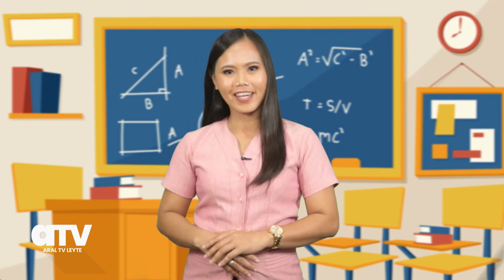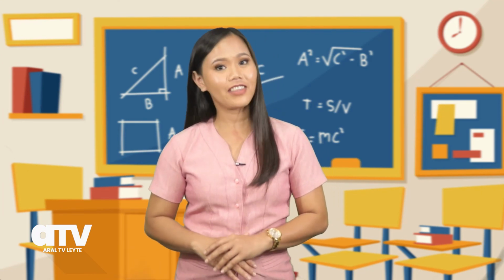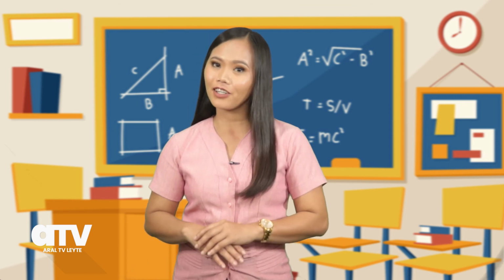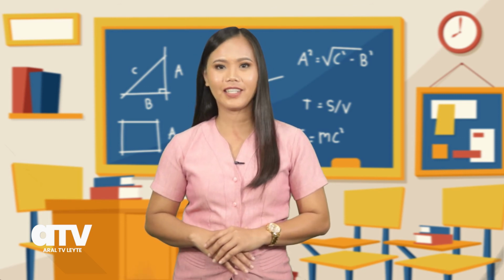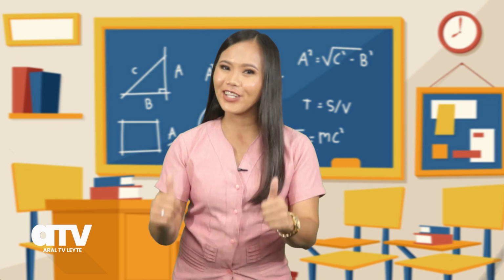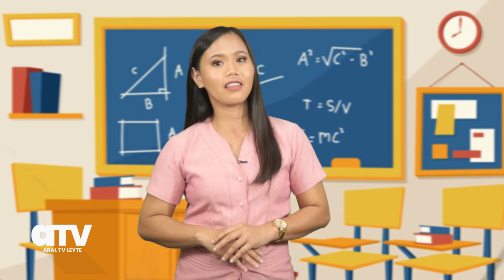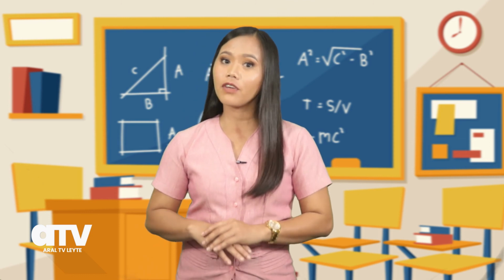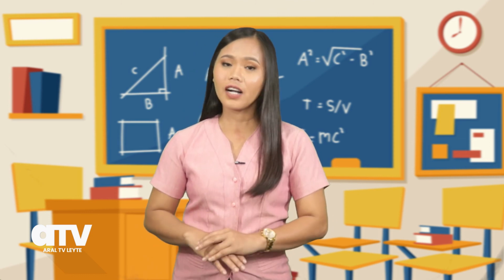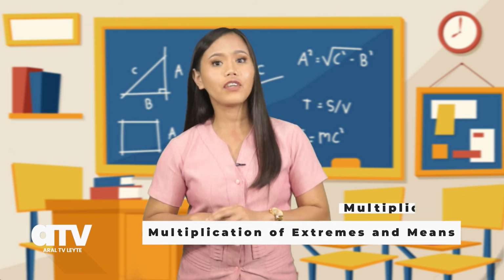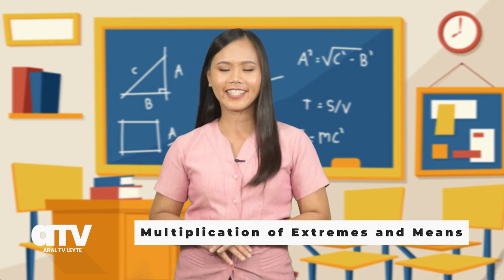Let me ask you again. What are the methods that are commonly used in finding the missing term in a pair of equivalent ratios? Very good! The methods that are commonly used in finding the missing term in a pair of equivalent ratios are the cross multiplication and multiplication of extremes and means.